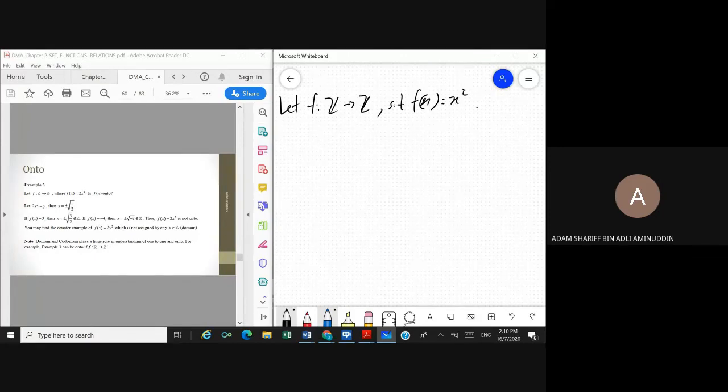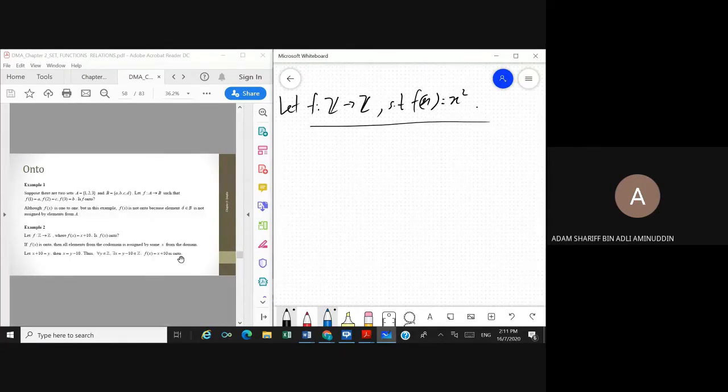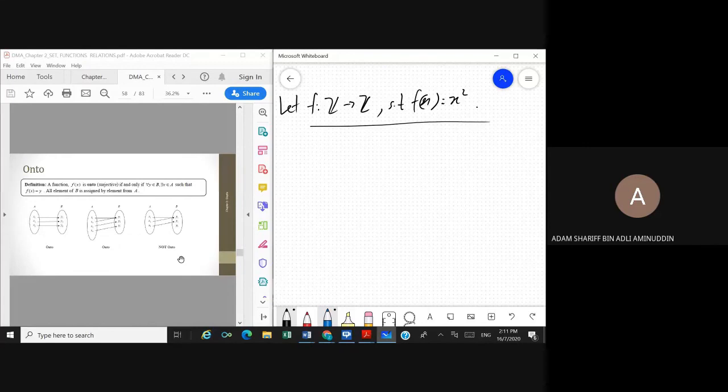Alright, is this onto? This time it will be quite simple as well, but the proof is like that as well. Like just now, definition ingat balik. For every y from B, saya buka, from the codomain there is such an x from the domain such that f(x) = y.